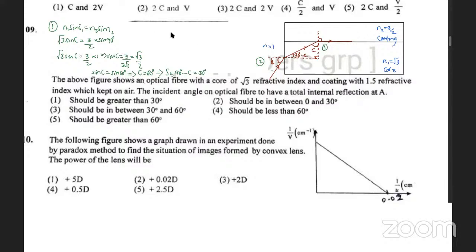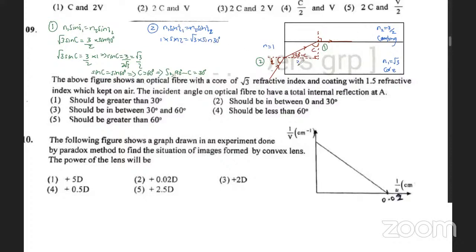And then if it is 30, let me apply the equation for interface number 2. N1 sin I1 equal N2 sin I2. N1 is air, so 1 into sin I. N2 is root 3, into sin I2, which is sin 30, because 90 minus C is 30 now, people.